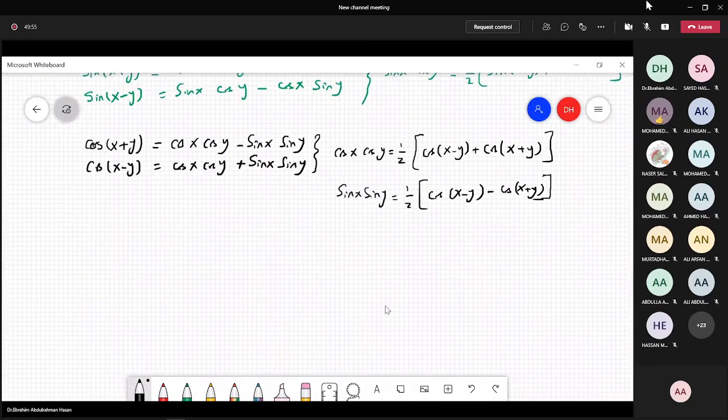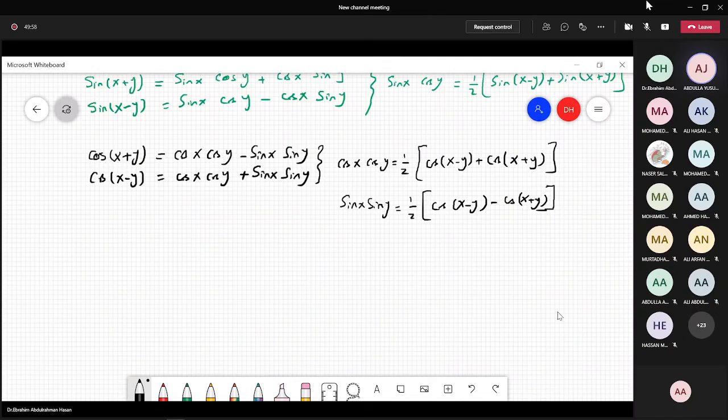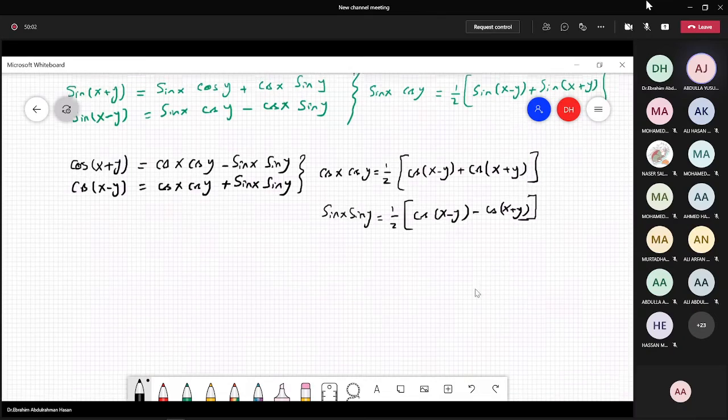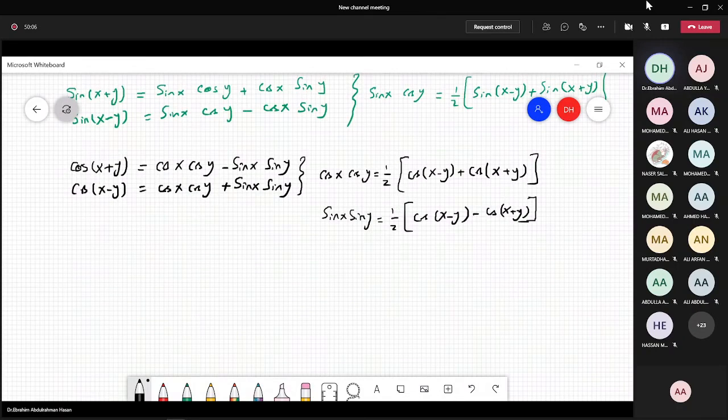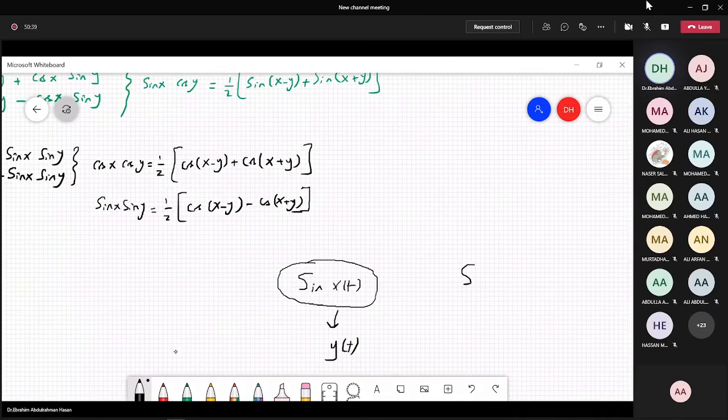Doctor, I have a question. Yes. When you convert it and tell us to linearize it, what do you mean by linearize? Here I don't have sine square or sine cube; I have only sine to the power of 1 as a function. If I name sine as a function x of t, taking it all as one equivalent, then it is equal to y of t, for example. While this one, sine square x of t, I have to write as y square of t.